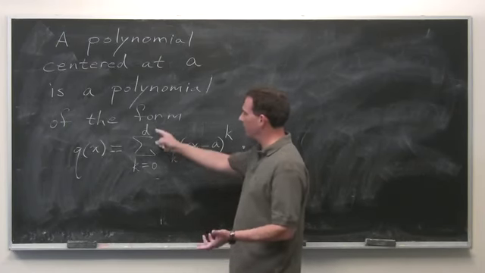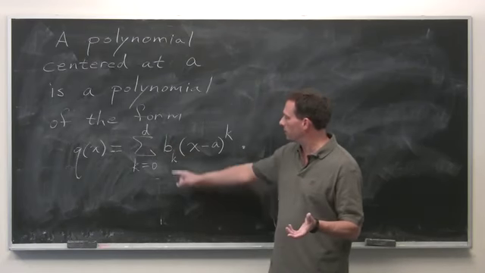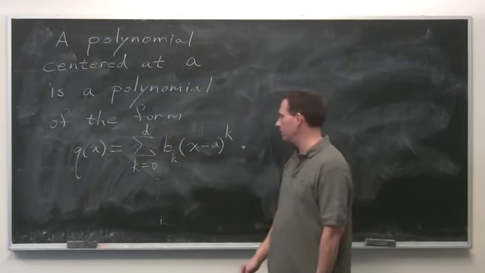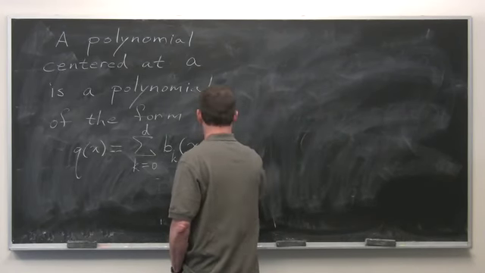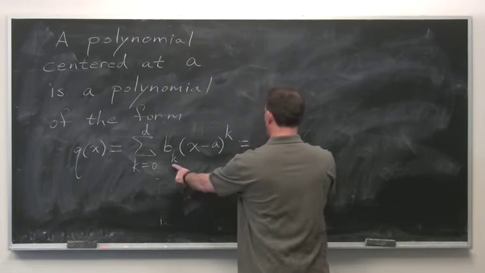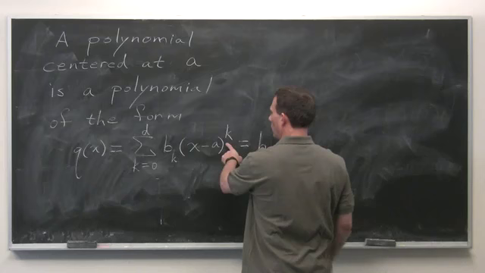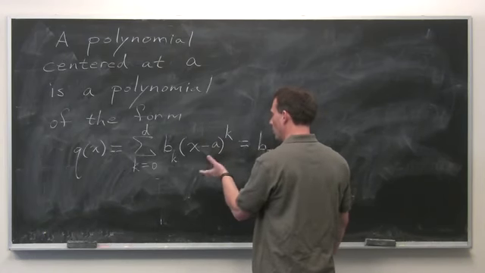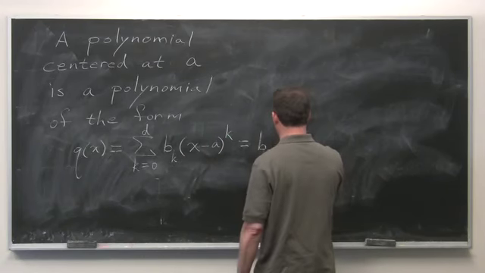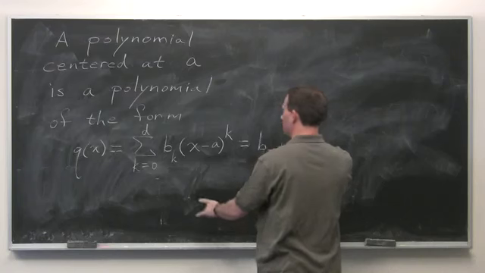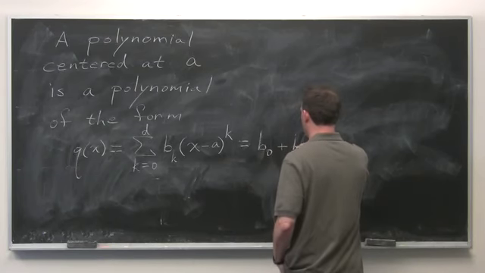So again, I'm thinking of d as the degree, but it would only be the degree if b sub d is not 0. Actually, let me write out what this looks like. When k is 0, we get b0 times x minus a to the 0. Again, just like x to the 0, we're going to say that's 1. So you just get b0 plus what you get when k is 1.